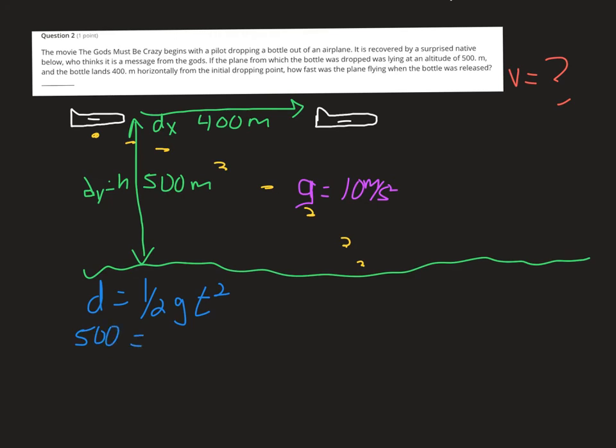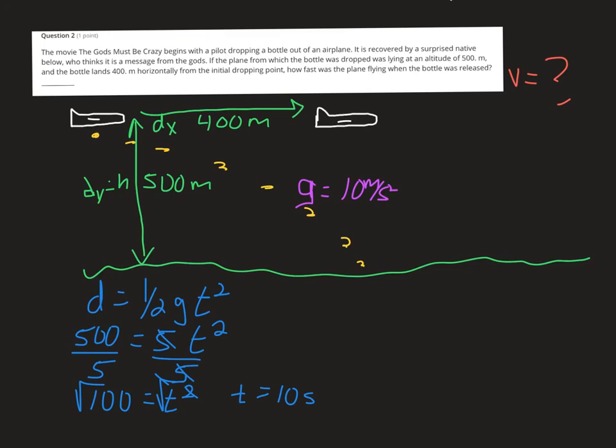We set that equal to 1/2 g t squared, which, taking 1/2 of the 10, gives 5 t squared. If I divide both sides by 5, I have 100 equals t squared, and if I take the square root of that, my time is equal to 10 seconds.